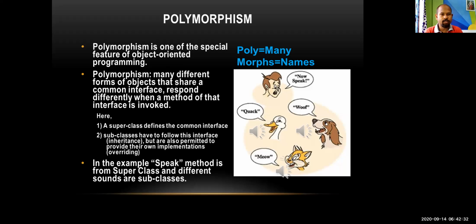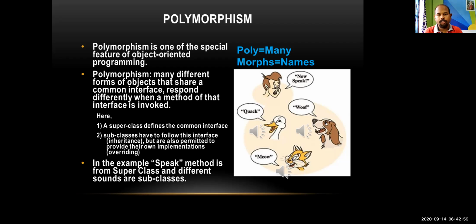Reusability means that once the code is written, it can be used later on in many different classes, many different programs. So the concept of superclass and subclass you have already got in the earlier classes.